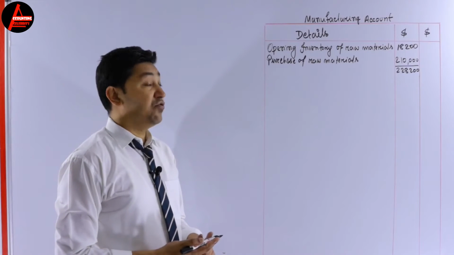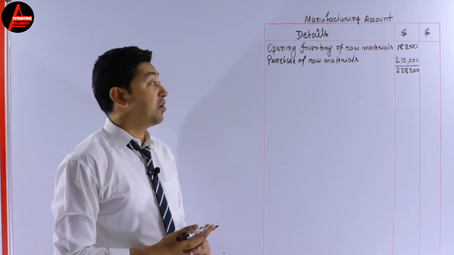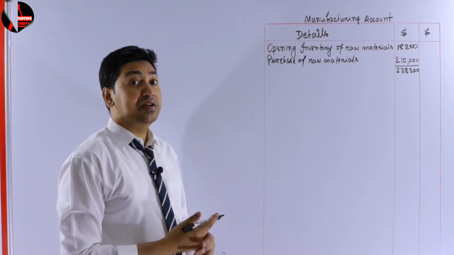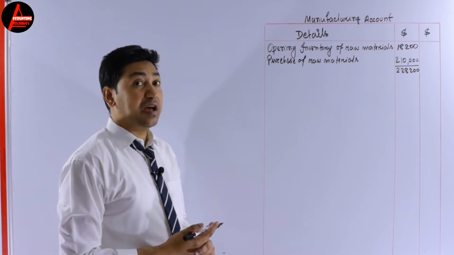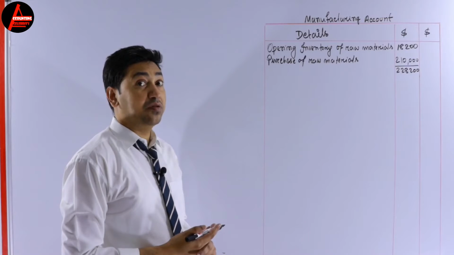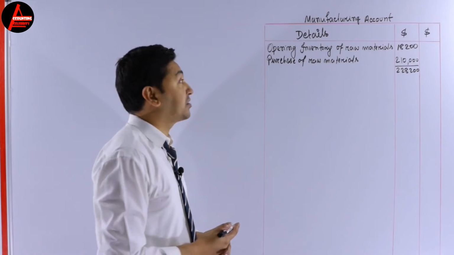So for the manufacturing account, we will take the raw materials, which is $16,500. This is the closing balance, written as 30 April 2017. We started on 1st May 2016, so closing inventory is 30 April 2017.